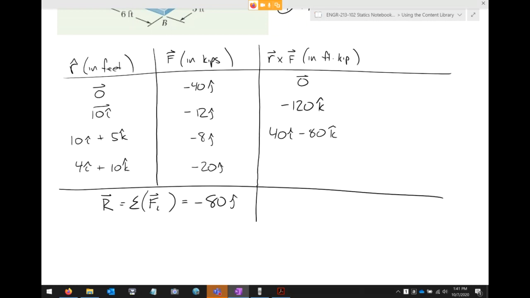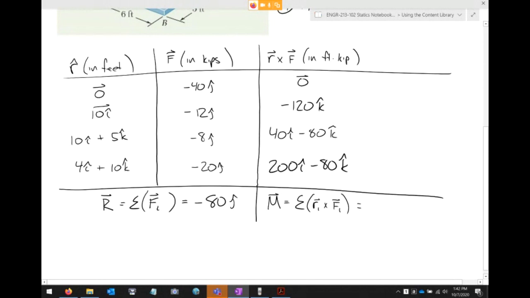So 200i and minus 80k. That's what I'm getting. Now, if you've got that, you think you can sum these up? So moment is the sum of Ri crossed with Fi. If you added up all those vectors, what would you get?